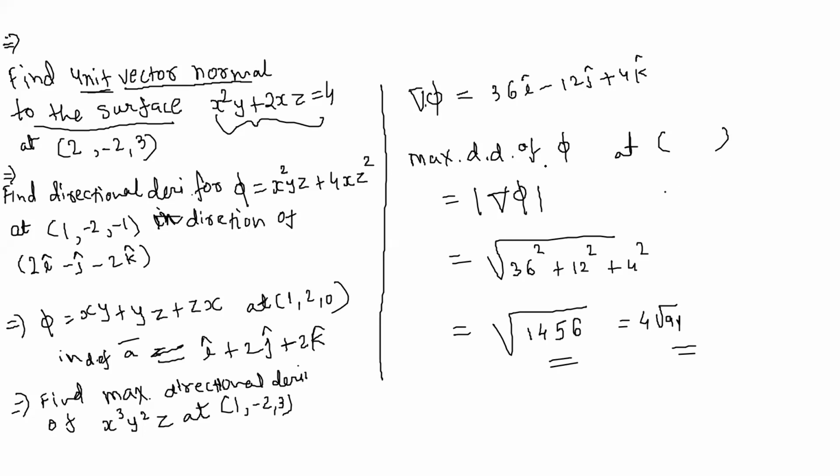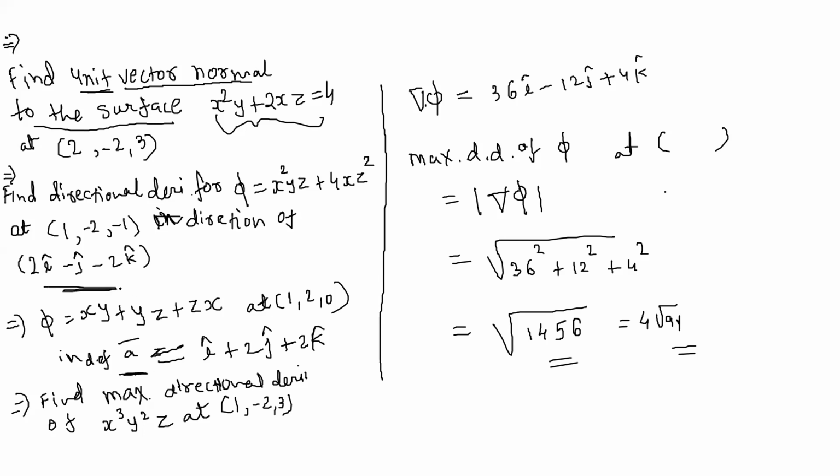Now when maximum directional derivative is asked, listen to this, sir. Whenever maximum directional derivative is your question, you will not be given in the direction of a vector. Okay, in the next question, see: find directional derivative in the direction of vector a bar.